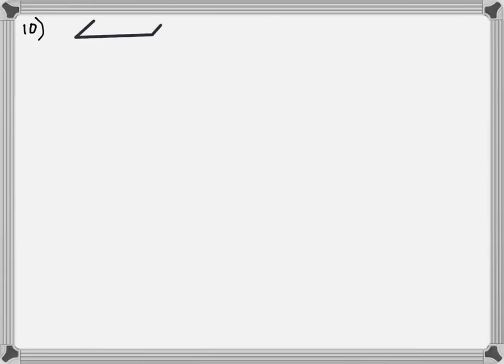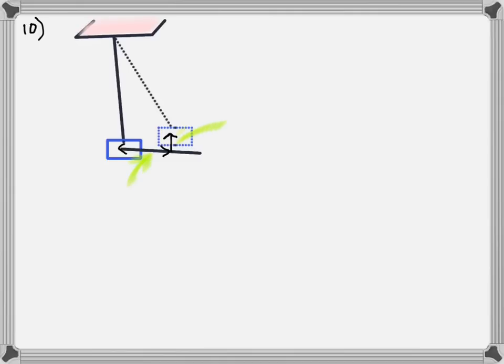Question number 10. That is the 3.6 kilogram pendulum, and as the bullet is fired into it, it takes up a new position. X is the linear displacement along the x-axis, and y is the height that is lifted up.